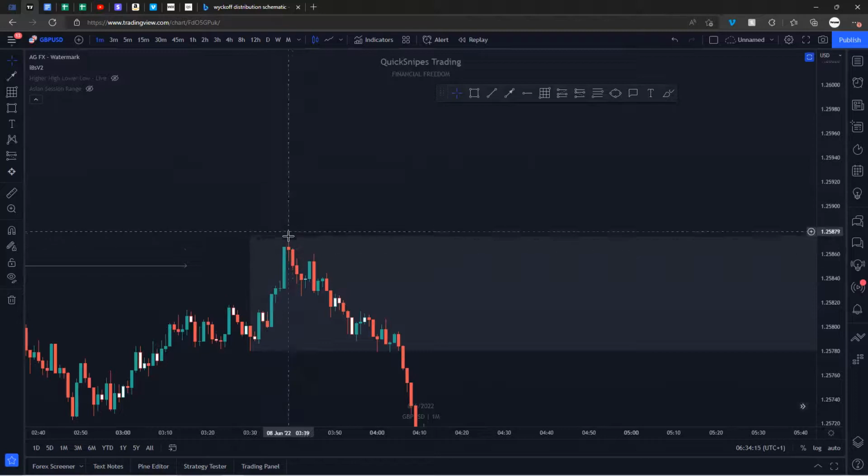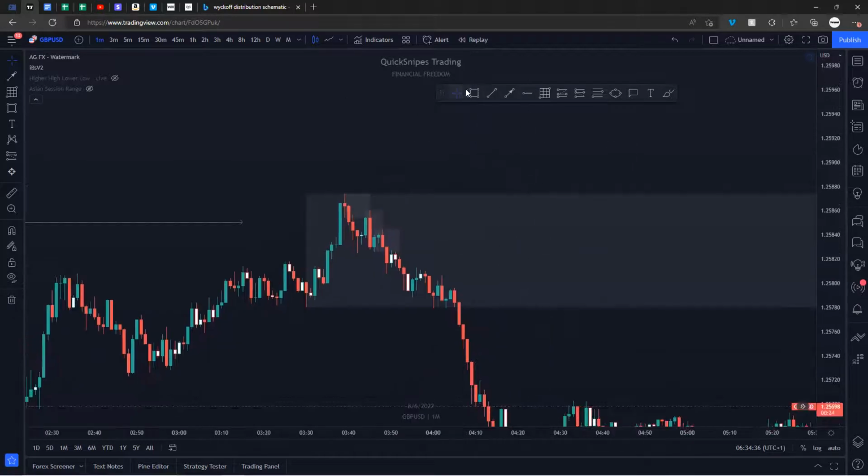So we've had this supply, which reacted there. This supply reacted there. This supply reacted there.